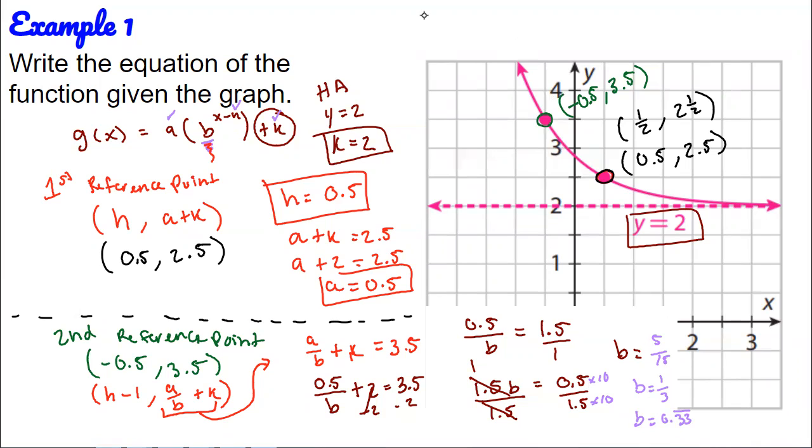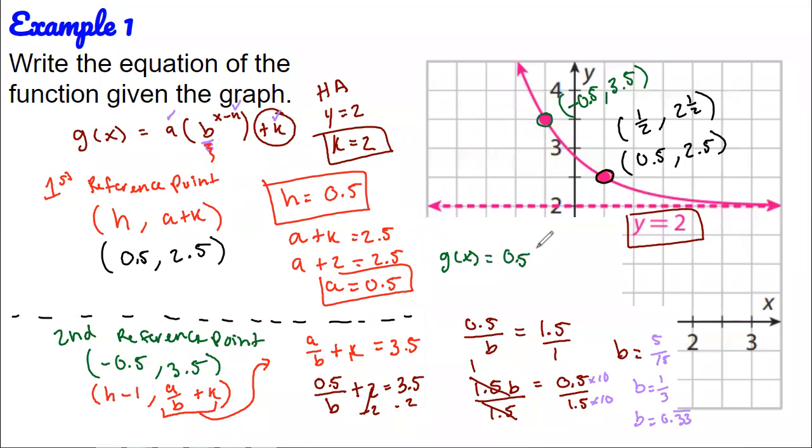All right, now can we write our equation? Yes, we can. Let me write this one in green. So let me make some space so you guys can see it as well. Okay, everybody's super quiet right now. So g of x equals, what is my a? 0.5.